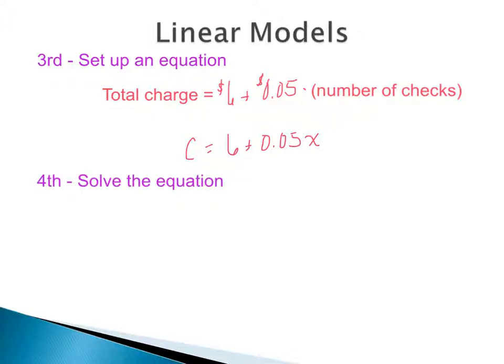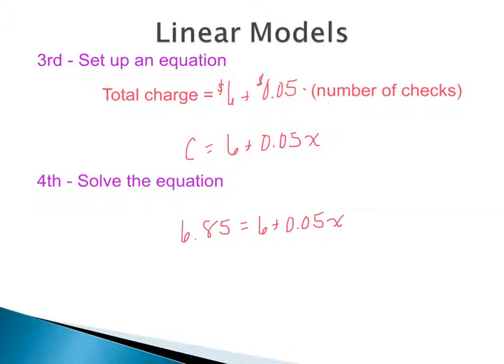But the next part is that we still have a number that we hadn't used yet in order to solve this equation. Right now we have 2 variables. But if we go back to the previous page, remember that they told us that your total monthly charge was $6.85. So we were given that information. So that C I can actually replace with the $6.85. So I have $6.85 equals 6 plus 0.05x, and now it's just a matter of solving for x.